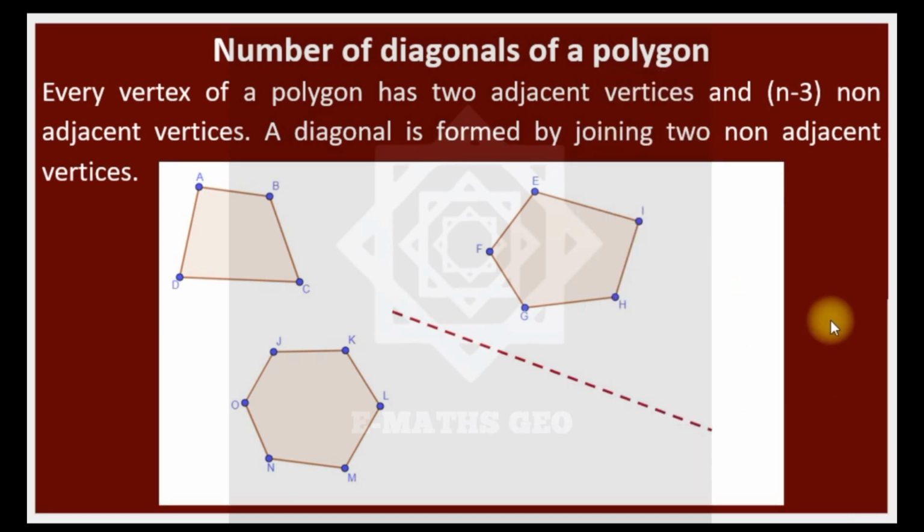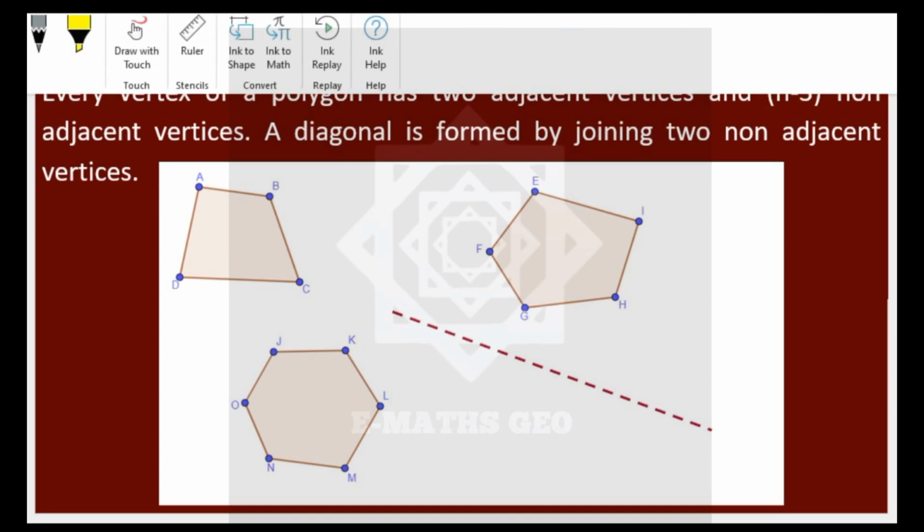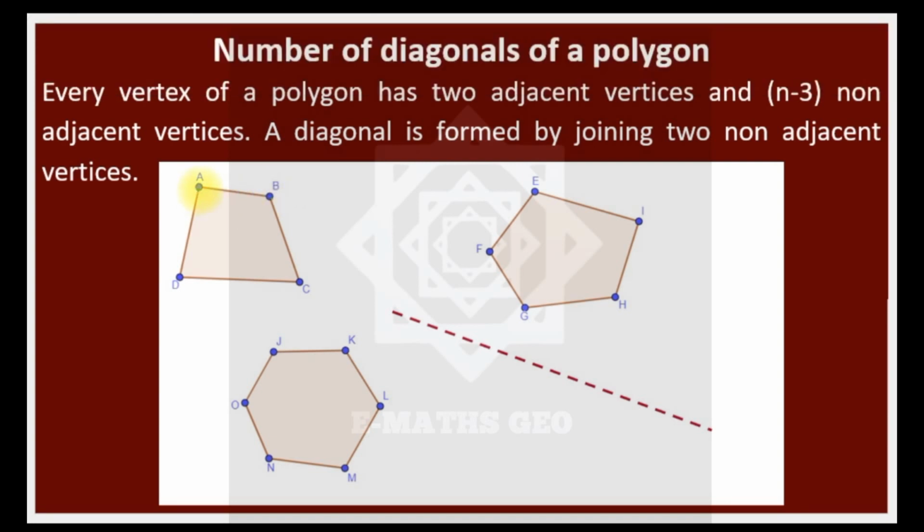So a non-adjacent vertex is the, okay, let me use vertex B. So see the vertices in this.